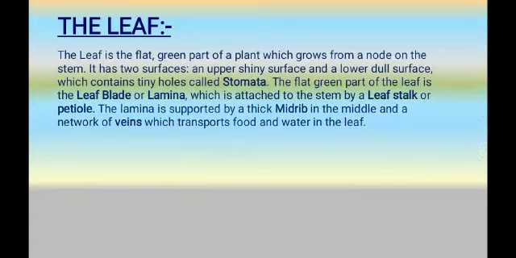Stomatas are present on the lower surface of the leaf, which helps to absorb carbon dioxide from the environment and helps in respiration, and then helps in evaporation, meaning transpiration.